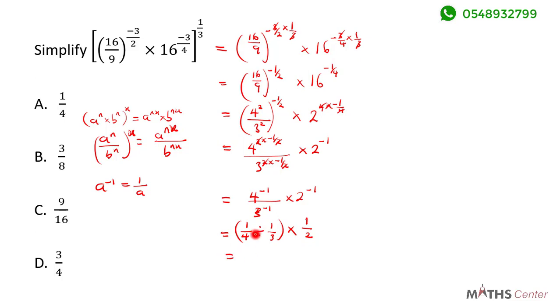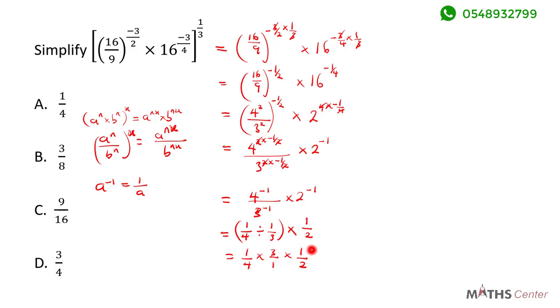From fractions, we know if we have the division sign here, you change the division sign to multiplication, and then you reciprocate this fraction. And so you have 1 divided by 4 times 3 divided by 1 times 1 divided by 2 here.